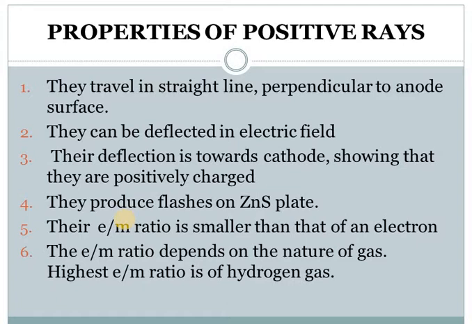Next is that E by M ratio depends on the nature of the gas. This point is really very important. Nature of the gas. What is meant by nature of the gas is its property, and the main property is its atomic mass.